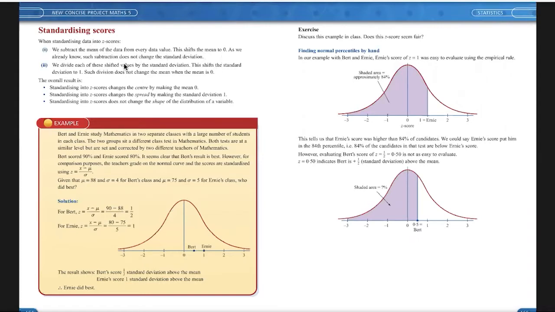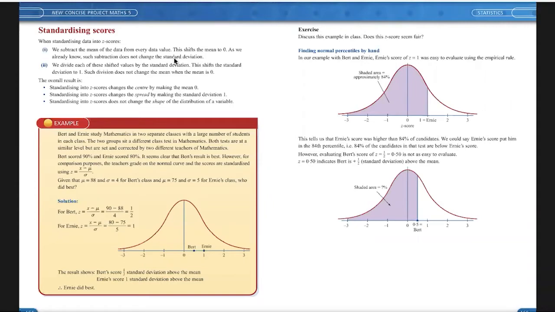Okay, and as we already know, such subtraction does not change the standard deviation. So in other words, if you subtract the same value from every data point, then your standard deviation, which is a measure of spread, actually stays the same. Okay, you just shift the curve down.